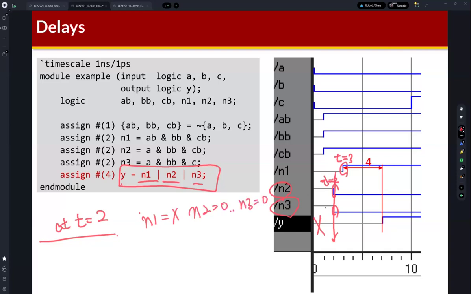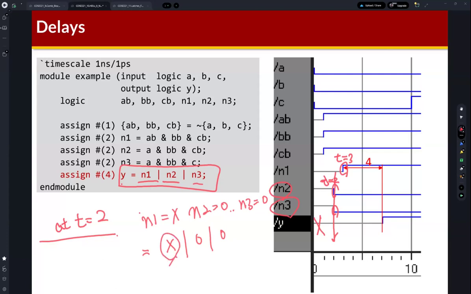So we need to calculate x or 0 or 0. What is the output? Output is still x. We don't know because we don't know this value.